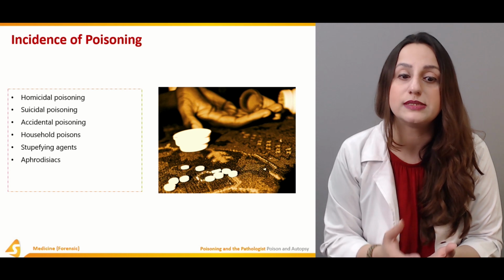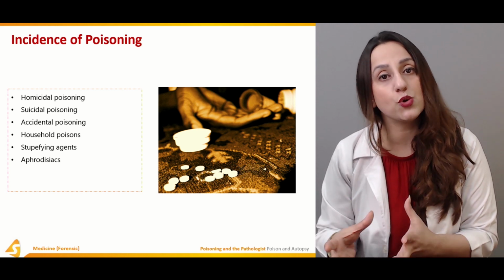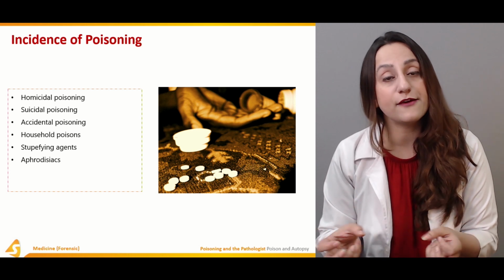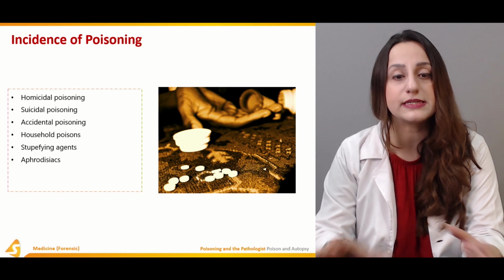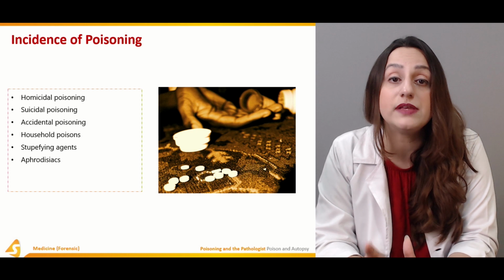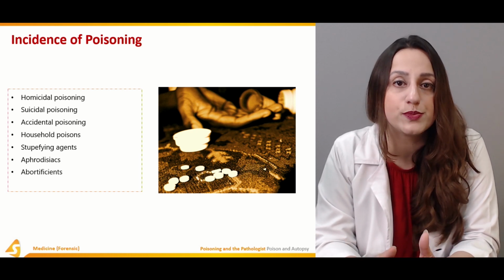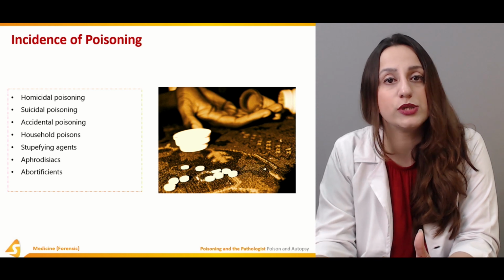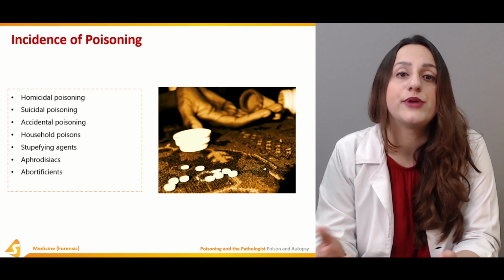They are all included in these aphrodisiacs, which is going to increase the libido in the person who is affected by the poison. So those are the different kinds of drugs that are used for the purpose of poisoning. And then we have the abortifacients. Abortifacients, as the name indicates, deal only with those poisons which are going to cause abortions in pregnant females.